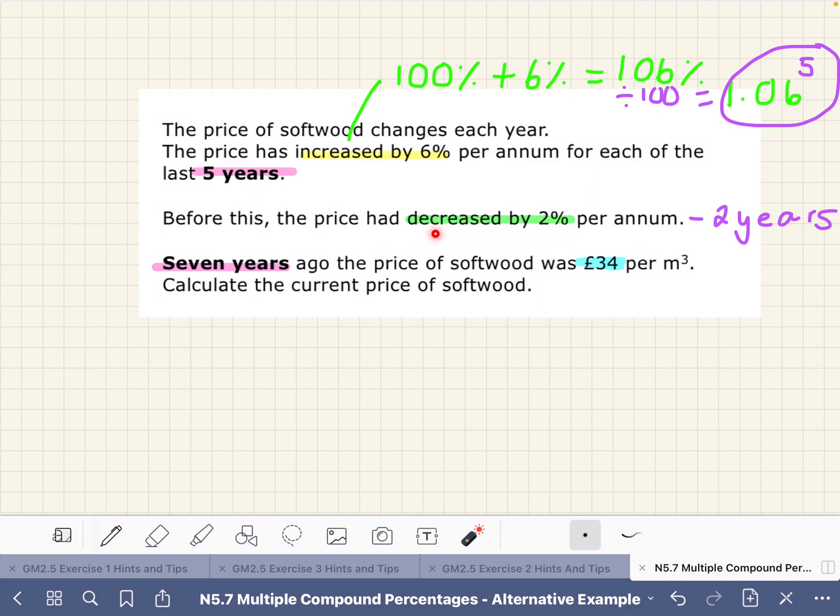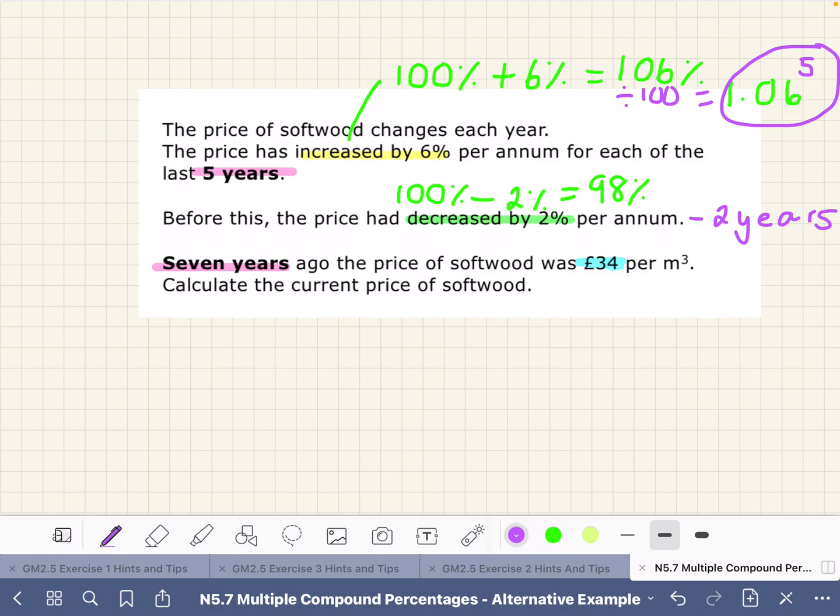So this decreased by 2%. That means we started off with 100%, we decreased, so we took away 2%, which gave us a percentage of 98%.